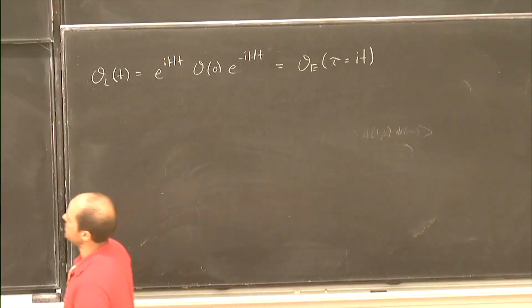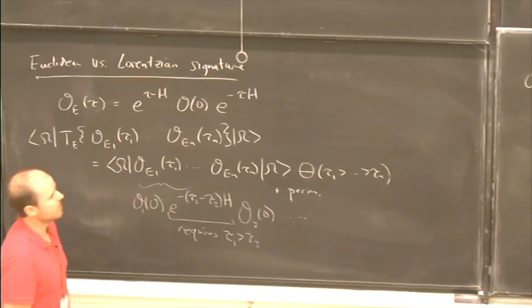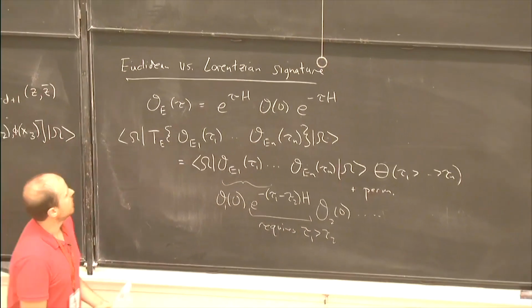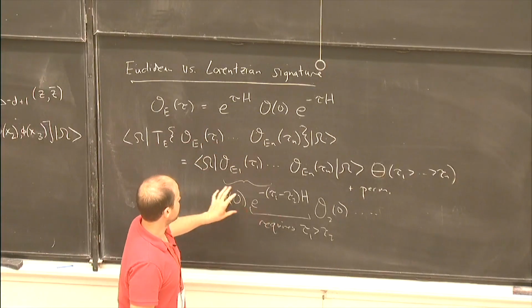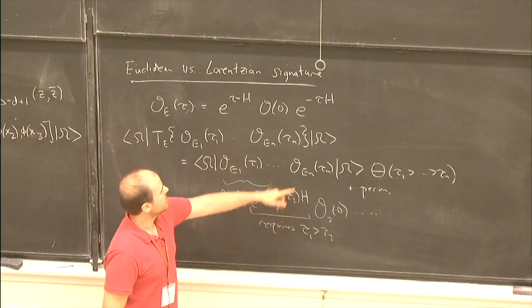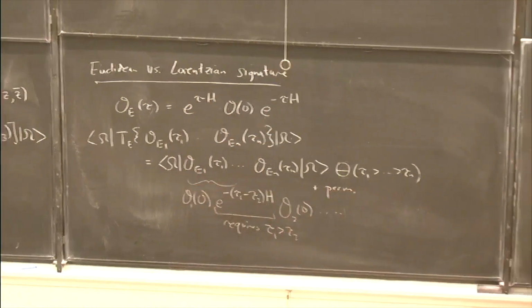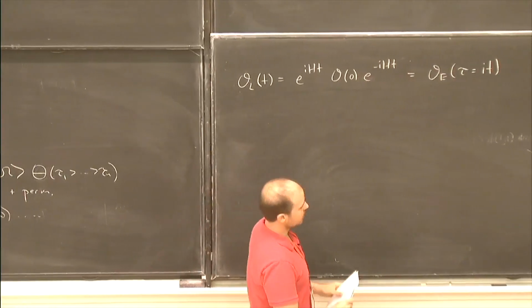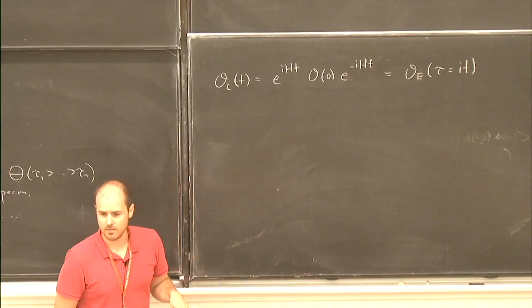It looks like there are a whole bunch of plus or minus choices. And whenever I want to remember the correct conventions for this, I just write these formulas down. So the way that you know the correct signs in this formula is from this fact: when you have a product of operators, you want the thing appearing in the middle to be exponentially damped. And that tells you that you need a minus sign here and a plus sign here. How do you decide what should happen in this formula? Well, in this formula, you want the thing that appears between two operators to be the standard Schrodinger evolution operator.